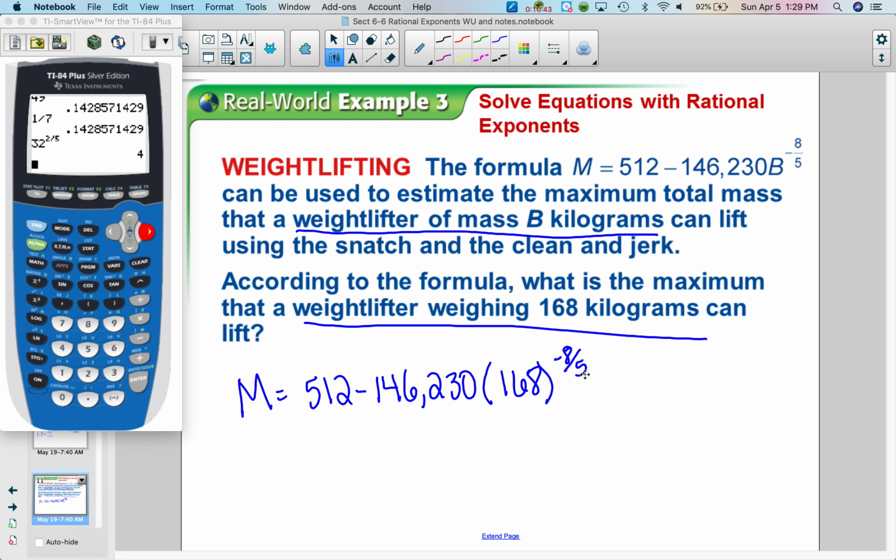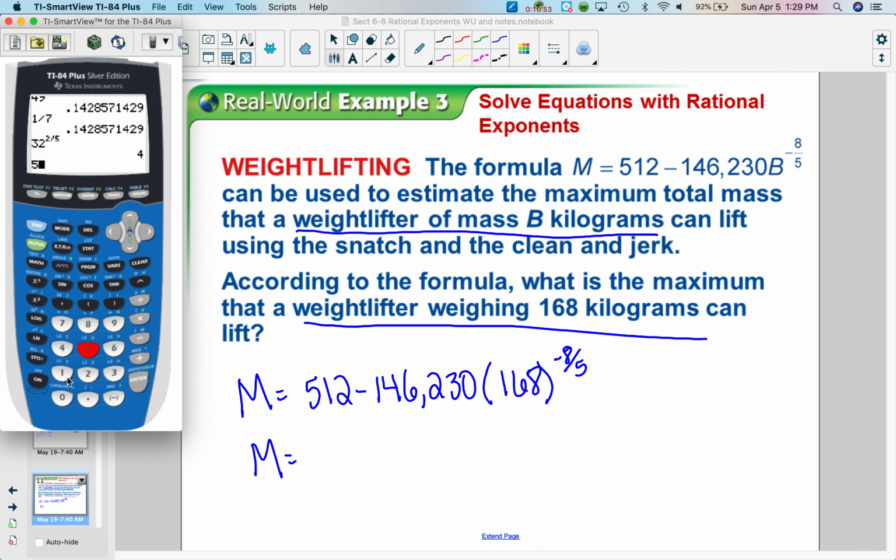Now, I don't know what the fifth root of 168 is. It might not even work out nice, but this is one that I wouldn't bother with. I would actually use my calculator and say 512 minus 146,230 times 168 raised to the negative 8/5.